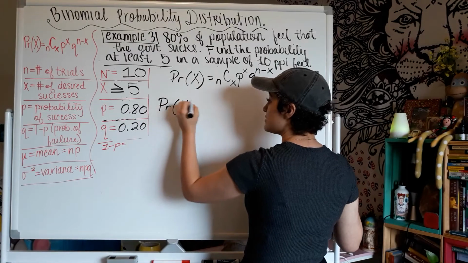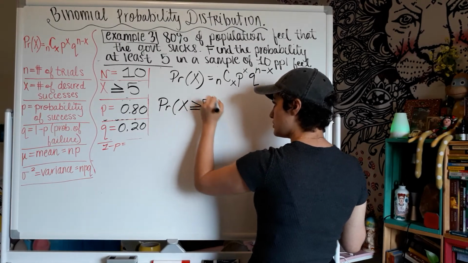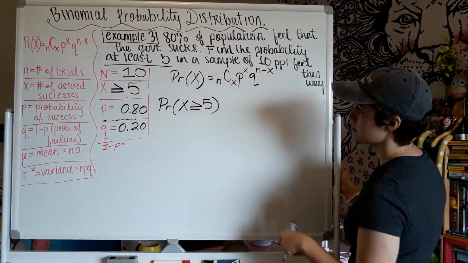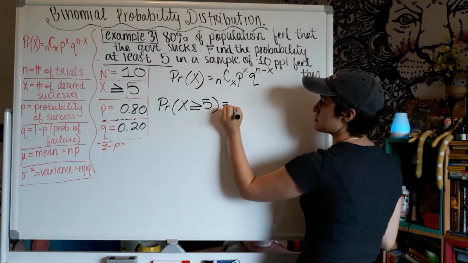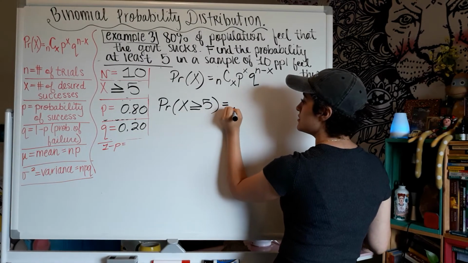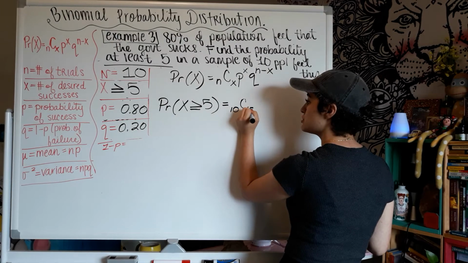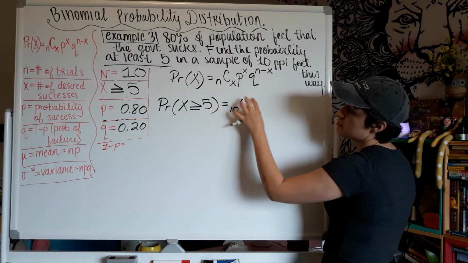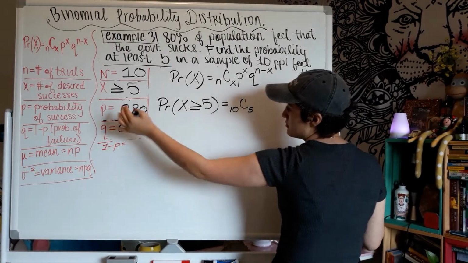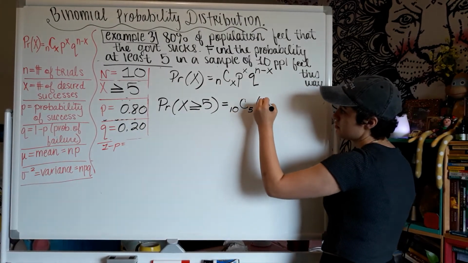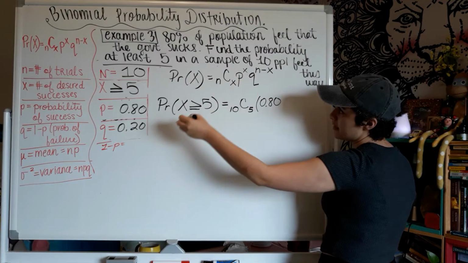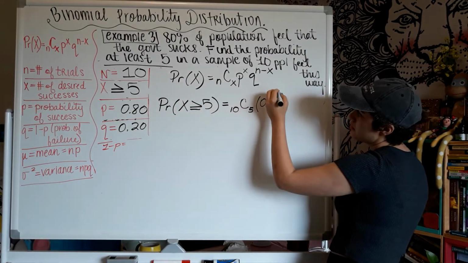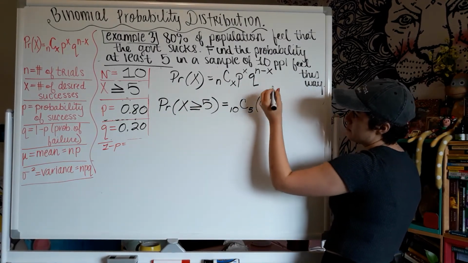We're going to go ahead and input this into our formula. So this is the probability that at least 5 people equals, so N would be 10, choose 5. Probability of success is 0.80 raised to all these values.